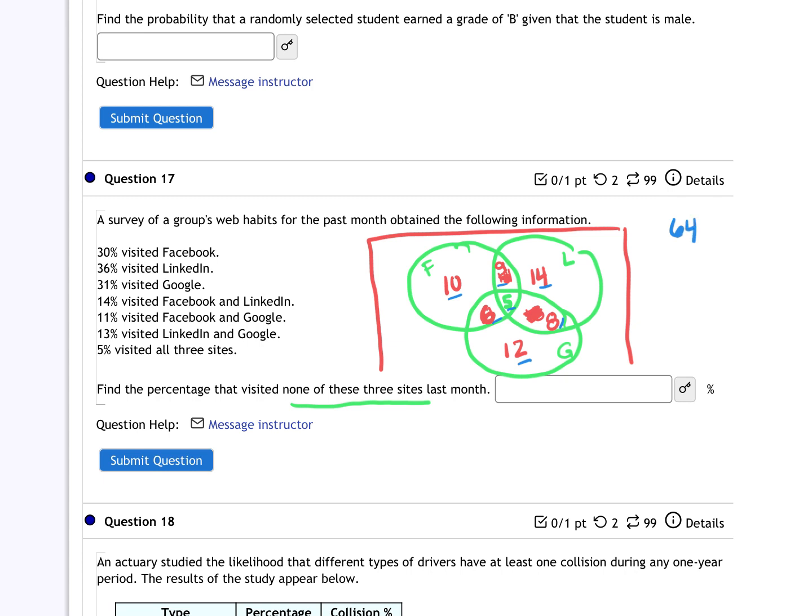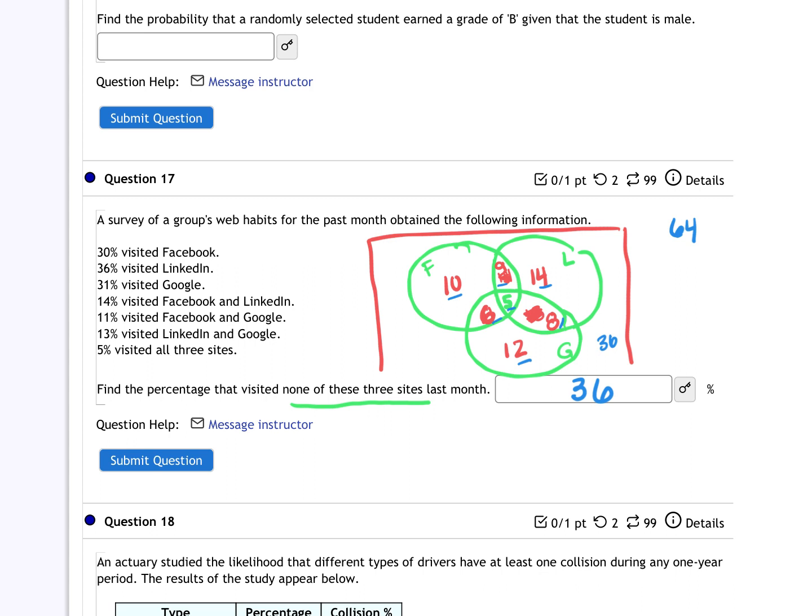I got them all together. Good. 64% out of 100. So that means this is 36%. That means out here there'd be a 36 because it has to add to 100%. So that's one way to do it. There's lots of different ways to do it.